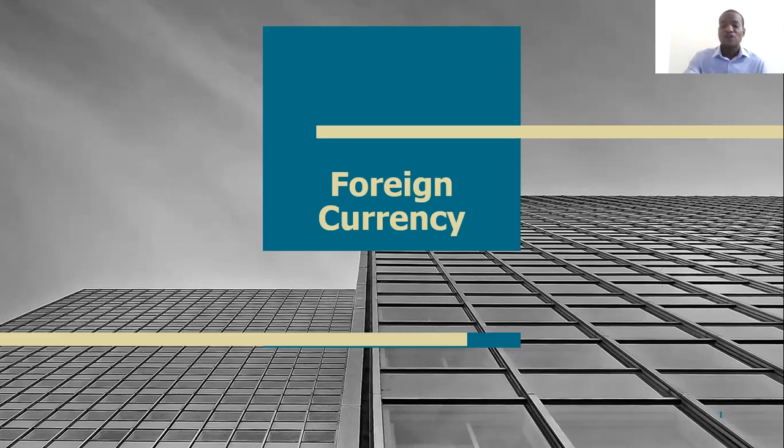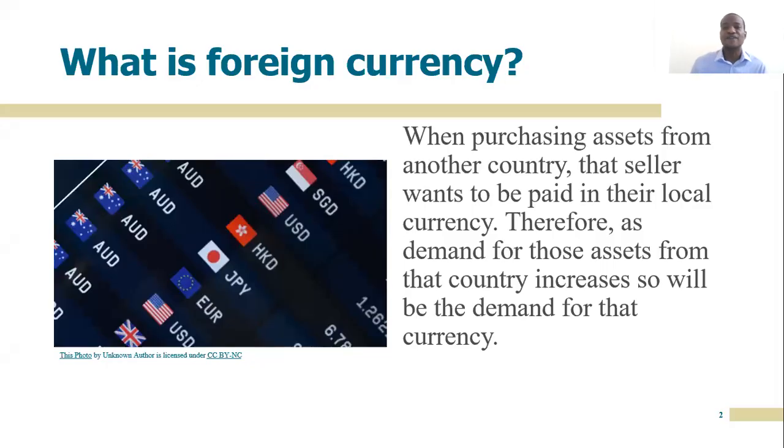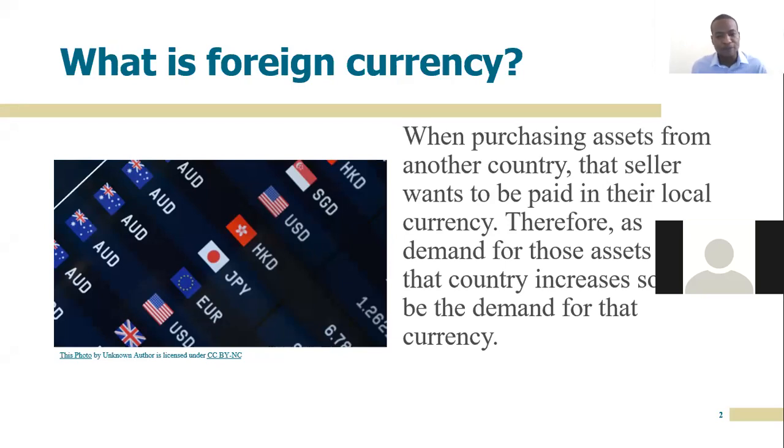All right. So the first thing is, what is foreign currency? Foreign currency is essentially when you make a purchase of an asset from any overseas land. We normally use the US, but any overseas land wants to be paid in their local currency.